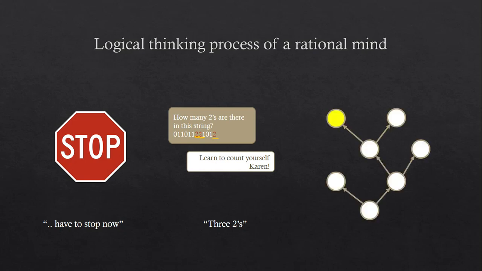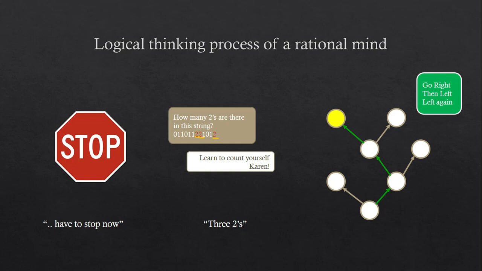Or let's say we are trying to get to a certain destination, and if we are given the instructions as an input, we can then follow the instructions and take decisions based on those instructions and reach our goal.